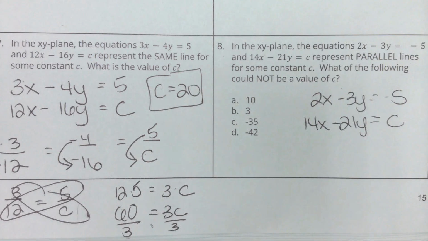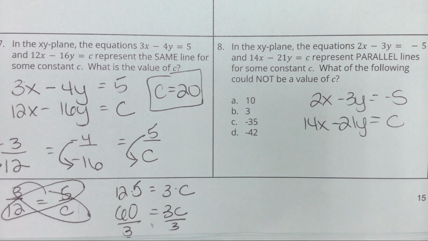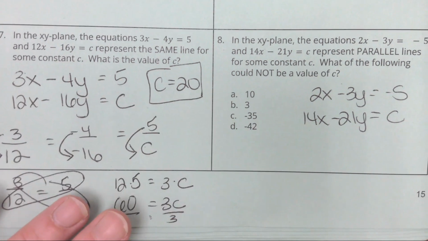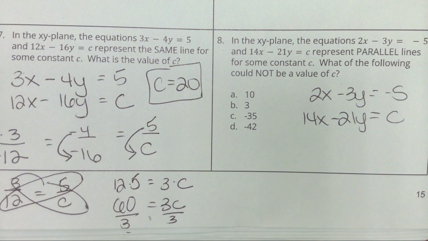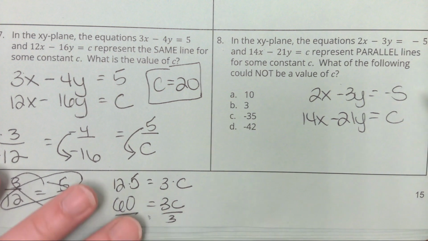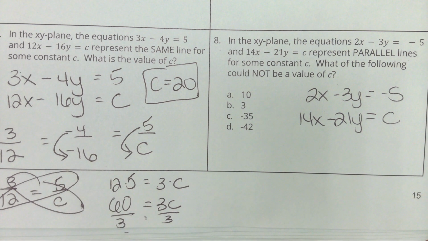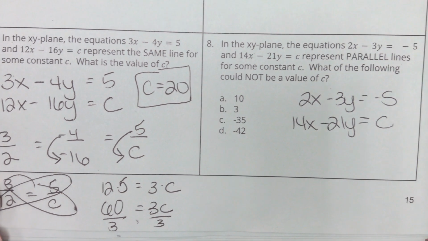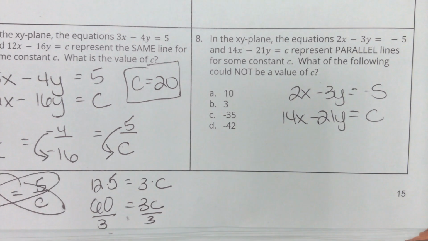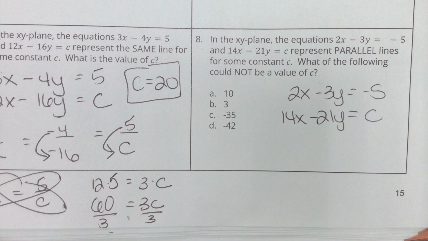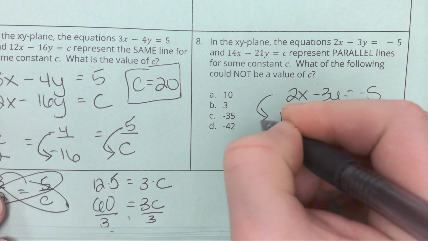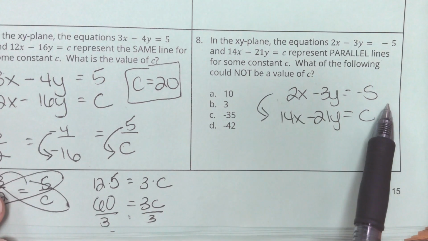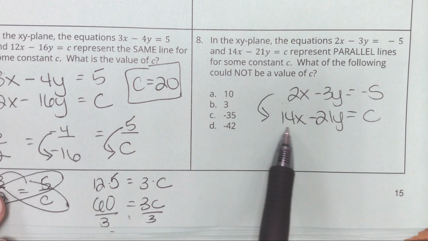In order to be the same line, what would c have to be? Can you figure it out? Yes. How did you get negative 35? If I wanted to get this line to go to here, 2 times 7 would give me 14.